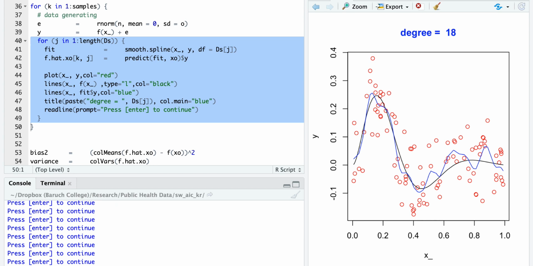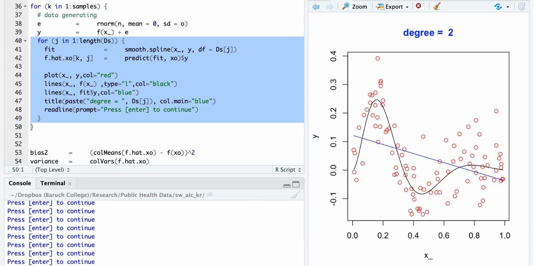And when we get to degree 20, suddenly a new data set will be generated from the data generating process. Just pay attention. This is going up and down here. Now I have a new data set. It's around the same trend, but it's a new data set.